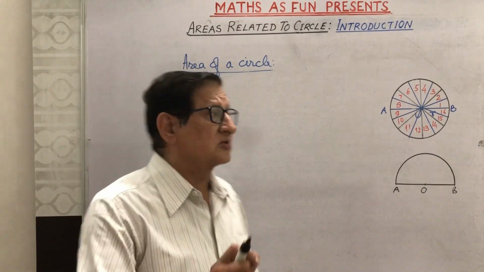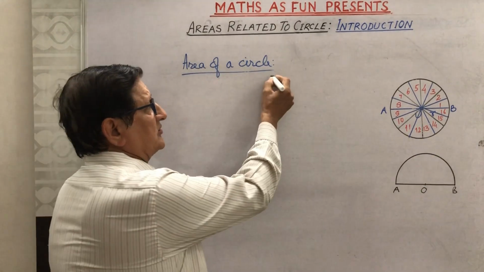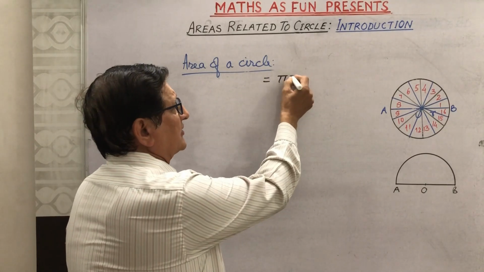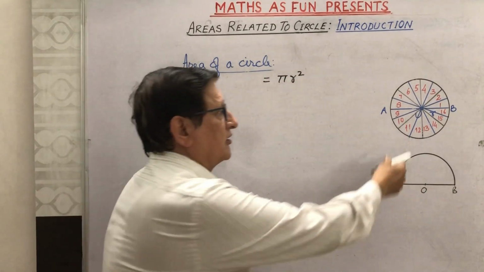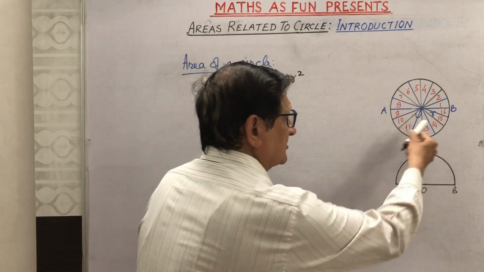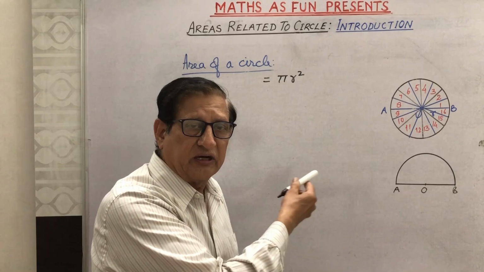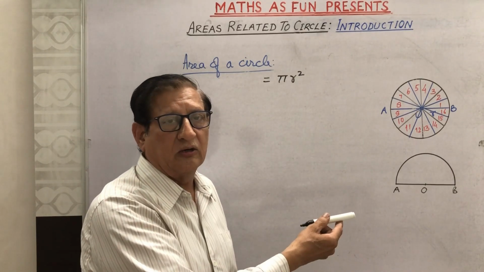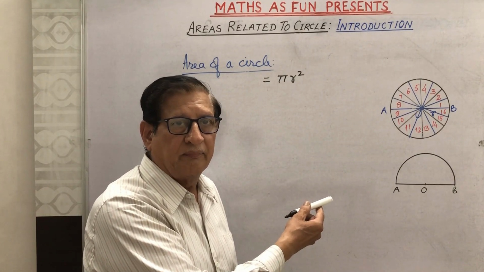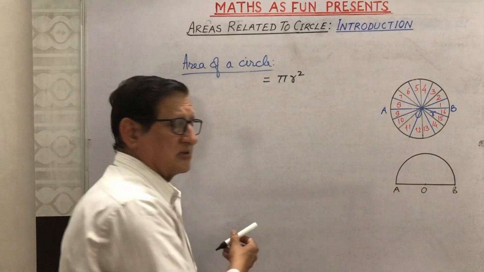So we could learn just now that the area of a circle is given by pi r square, whether you find it by dividing it into 16 sectors and converting to 16 triangles and finding the area, or by the area of a parallelogram. Now we talk about the semicircle.